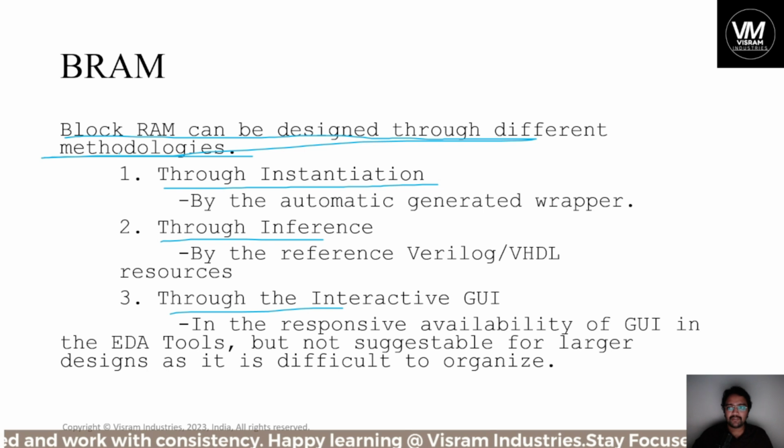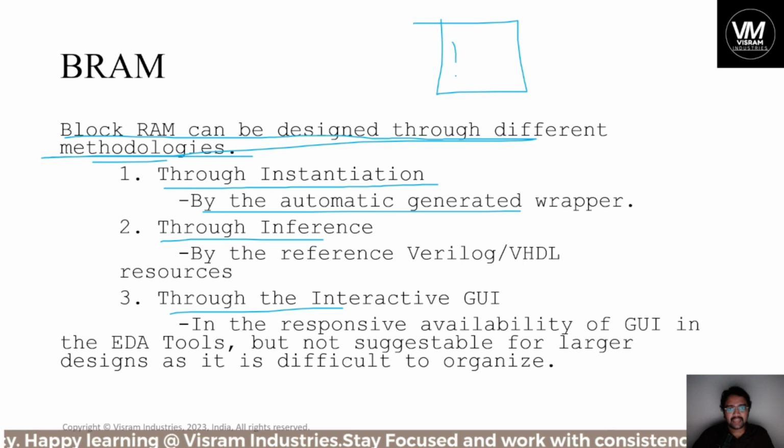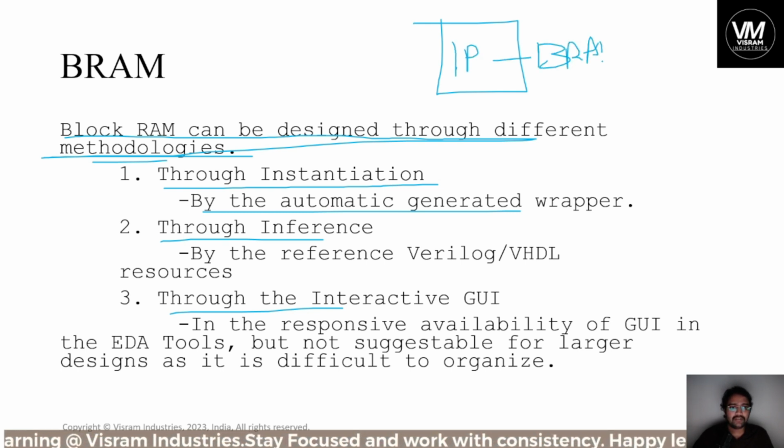So these methodologies are, first, instantiation by the automatically generated wrapper. In the initial days, we took BRAM as an IP BRAM, and we haven't written Verilog HDL for it, but the machine does it for us.